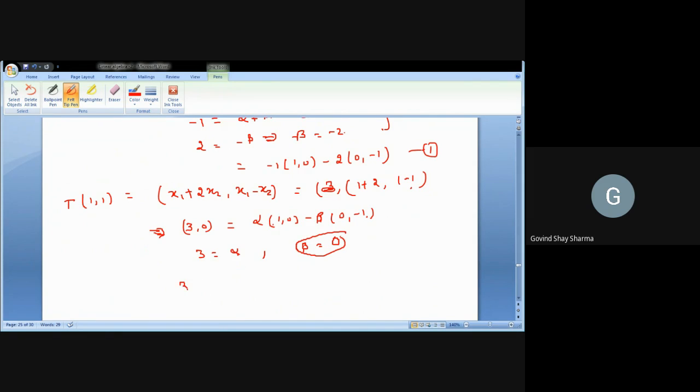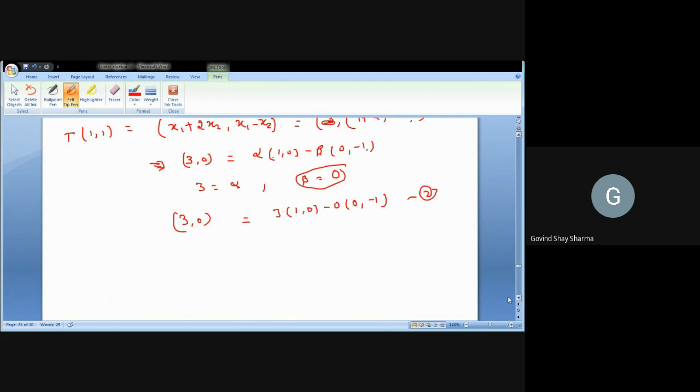So we can write (3, 0) as 3 times (1, 0) plus 0 times (0, -1).